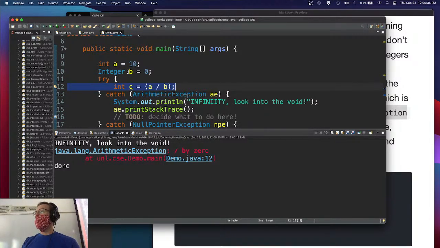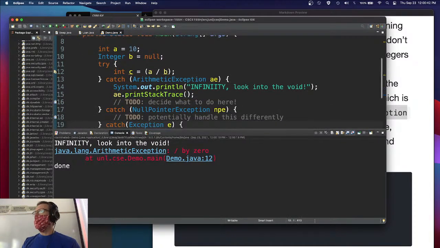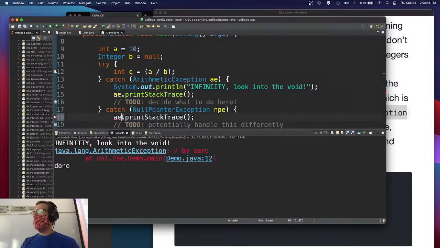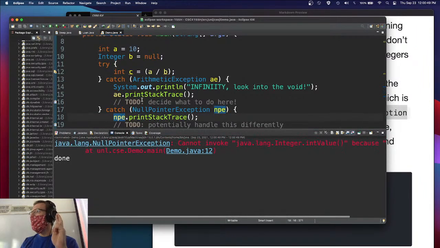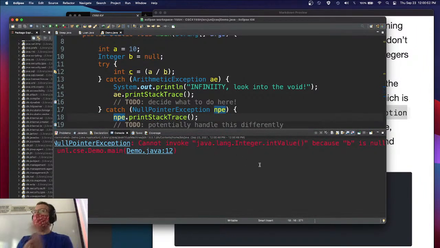I'm hoping that this is a modern, this is Java 14 and beyond. Null. There we go. Let's go ahead and print that stack trace down here, NPE. There we go. Cannot invoke value because, yeah, excellent. This is modern Java. This is a feature that was added in Java 14, I believe. It used to be that when you got a null pointer exception, and you looked at this line and there were 5 things on that line that could have been null, which one was it, right?